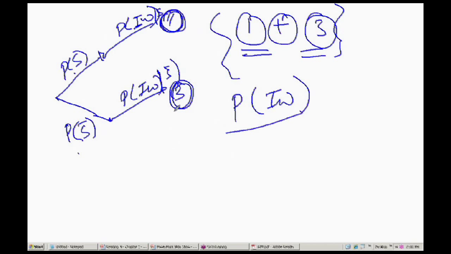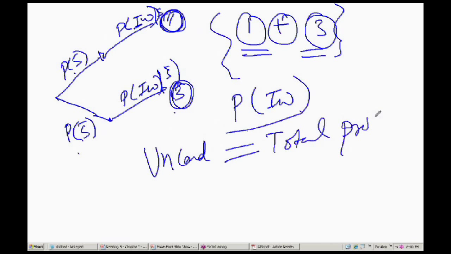Since it is obtained by adding node 1 and 3, this unconditional probability is also known as total probability, wherein you are taking the sum of 1 and 3. No matter what happens, Sachin plays or not, India is still winning when you have added these two. So the probability is unconditional or total.